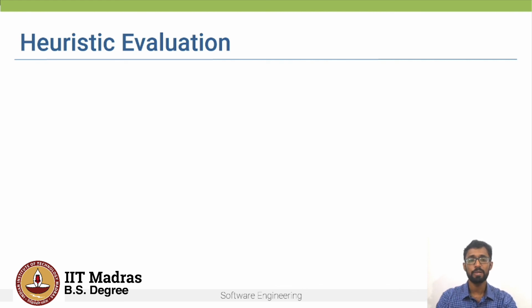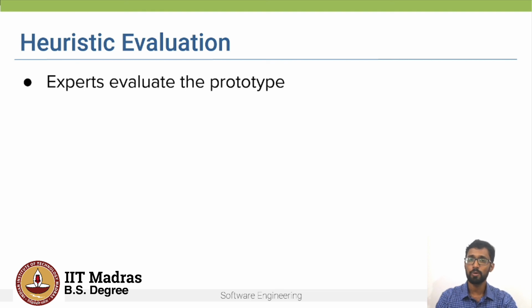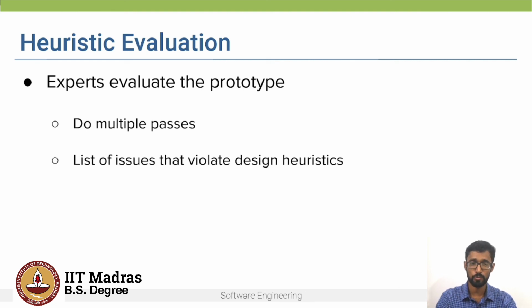In this and the previous videos, we have seen several heuristics by which we can evaluate user interfaces. After the initial prototypes are ready, you can allow experts to evaluate your interface. Experts do multiple passes through your prototype and produce a list of issues that violate some of these design heuristics.